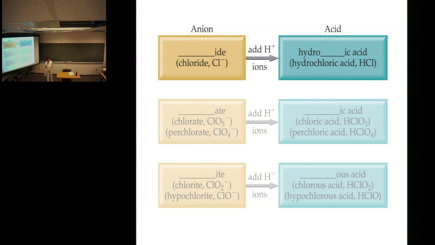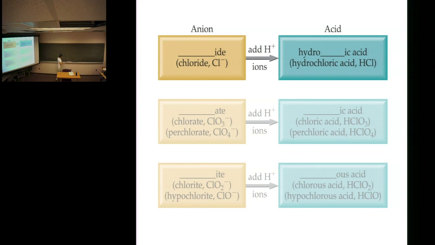So if the polyatomic ion ends in ate, then the acid ending is going to be ic. And if the polyatomic ends in ite, then the acid ending is going to be us. So I ate 1 more oxygen and got sick. You can remember it that way. Another way to remember it is the 2 I's do not go together. Okay, so ite goes to us.